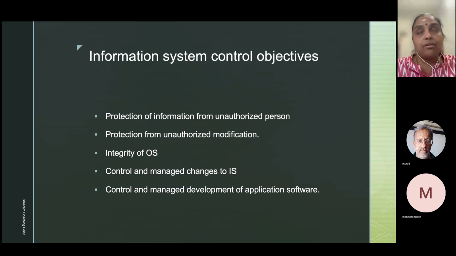Somebody does something, say installs a Trojan in your software, in your office banking software. Let's take, time and again we see the server is down in a bank, or it has got compromised. These things happen because somebody comes and intrudes. So protection of information from unauthorized person, modification, integrity, and control and manage changes to IS, and control and manage development of application software.